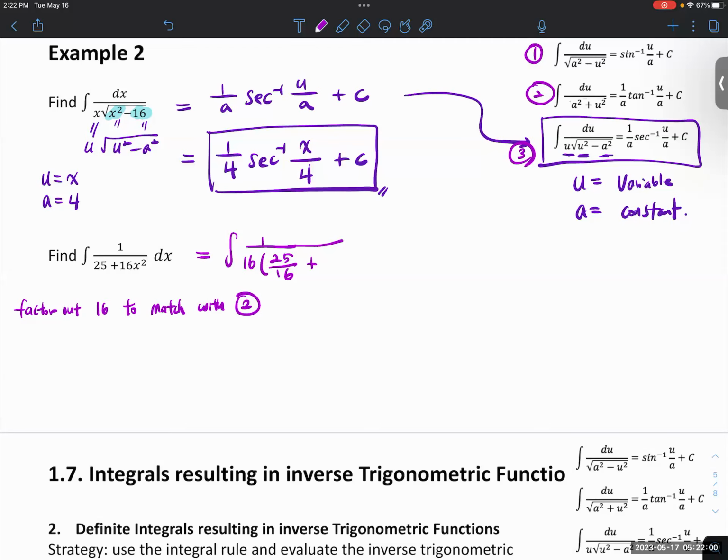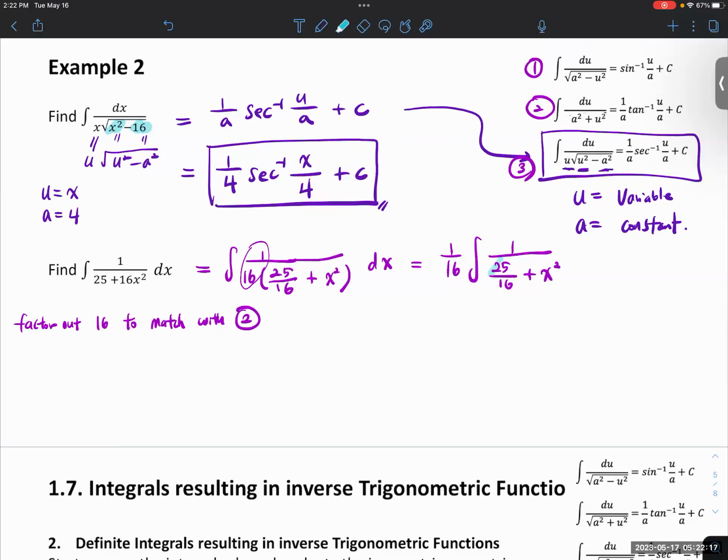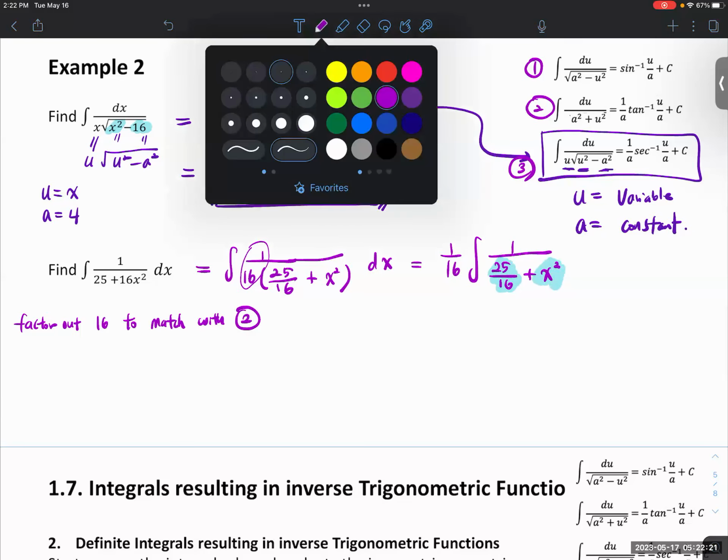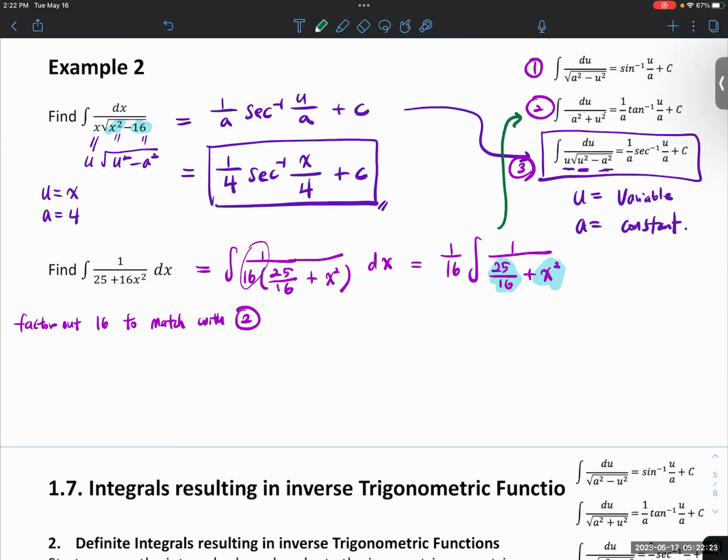And then I factor 16, x to the second power remaining, dx. Good. And then I can bring 1 over 16 to the front. Integral of 1 over 25 over 16 plus x squared. Exactly. This is my perfect square number, and it is matching with number 2 right now.